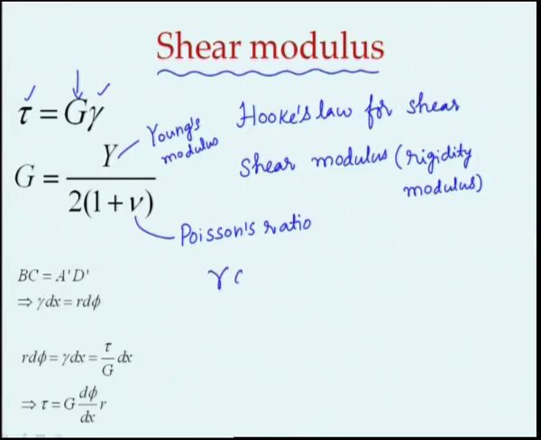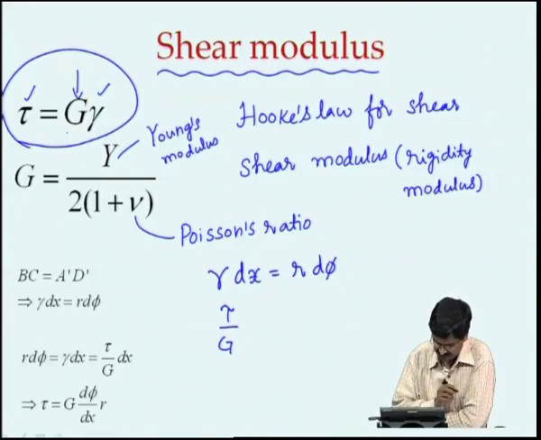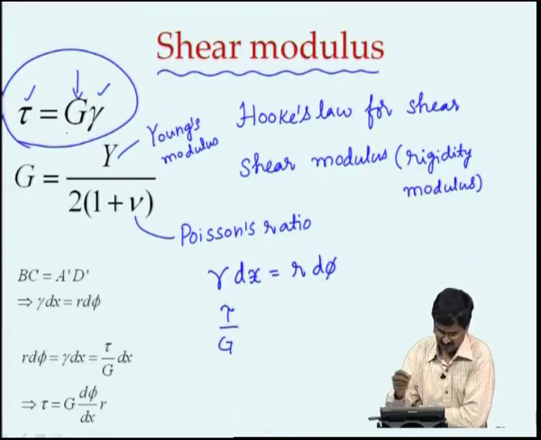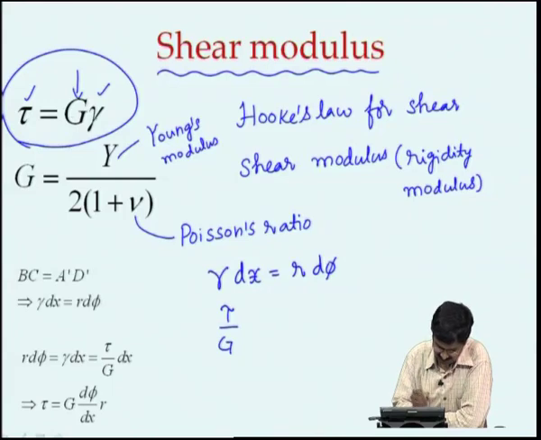So, gamma times dx is equal to r times d phi, and we will replace this gamma with tau by G from here. Tau divided by G is equal to gamma.